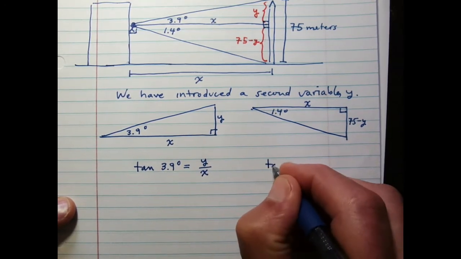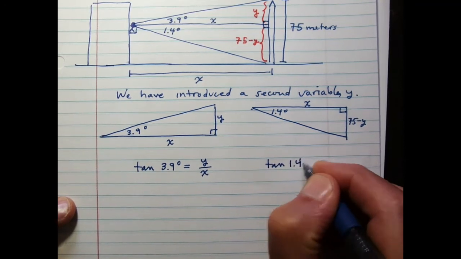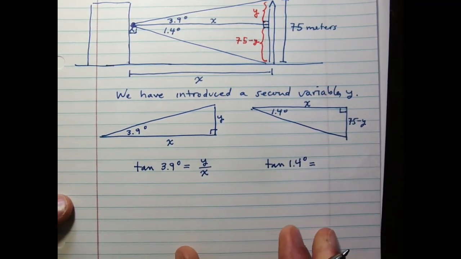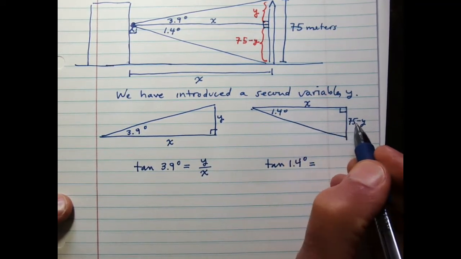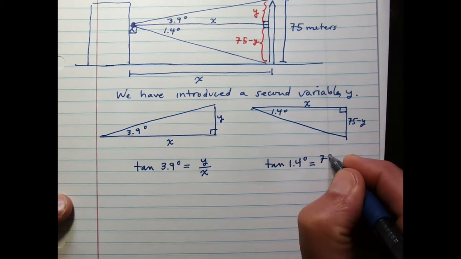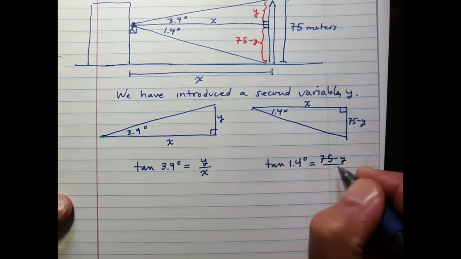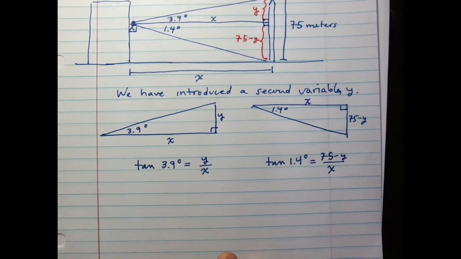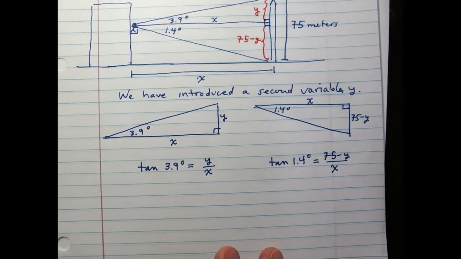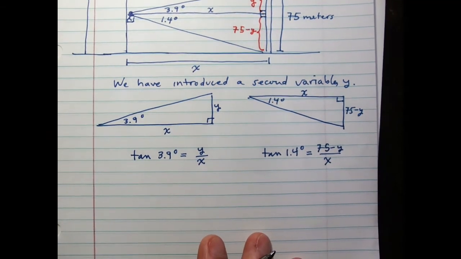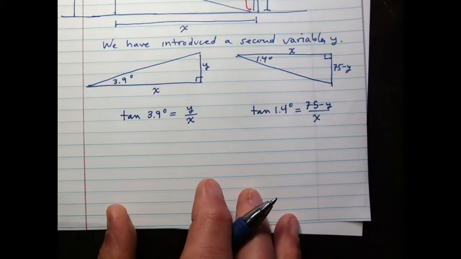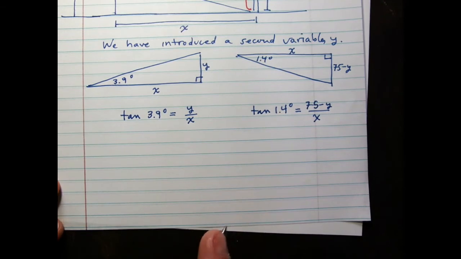And in the other triangle, tangent of 1.4 degrees is equal to opposite over adjacent. Opposite is 75 minus y over x. So it looks like I have two equations and two variables that I can solve.